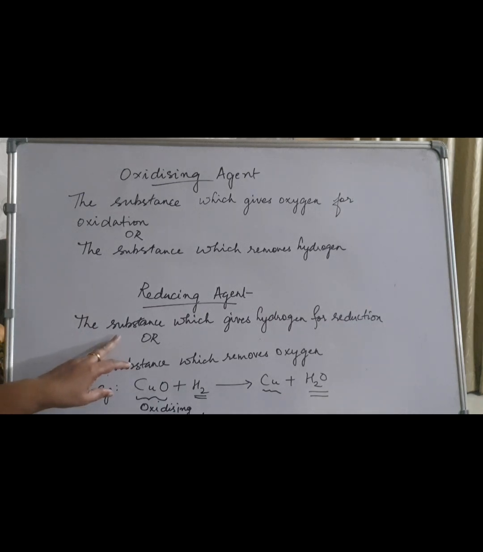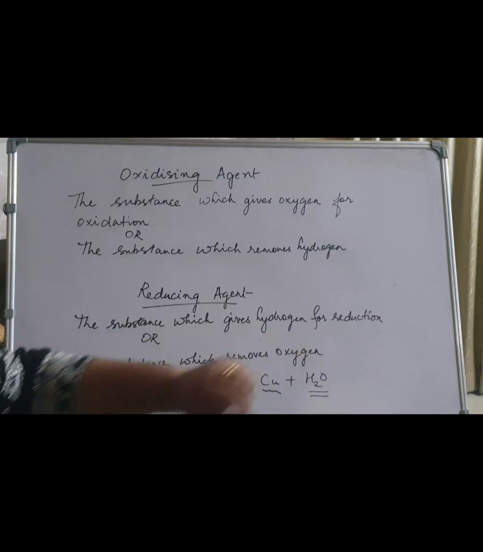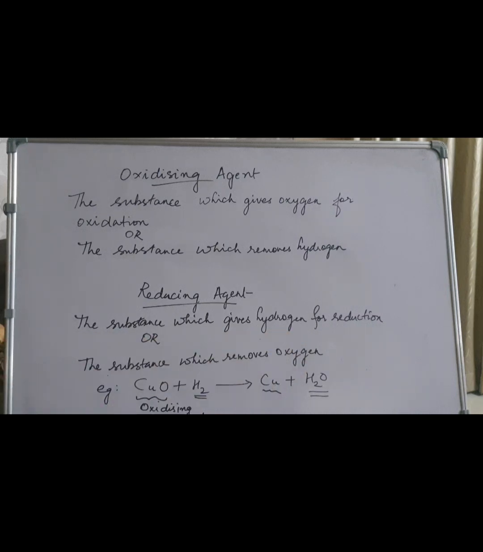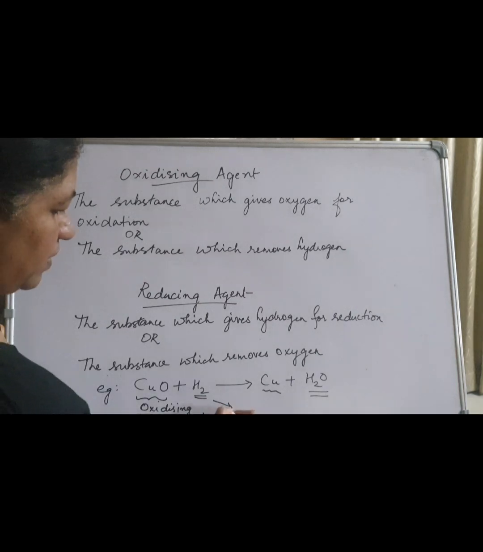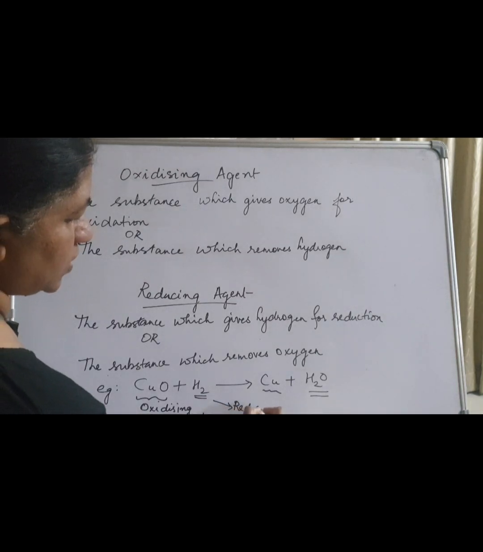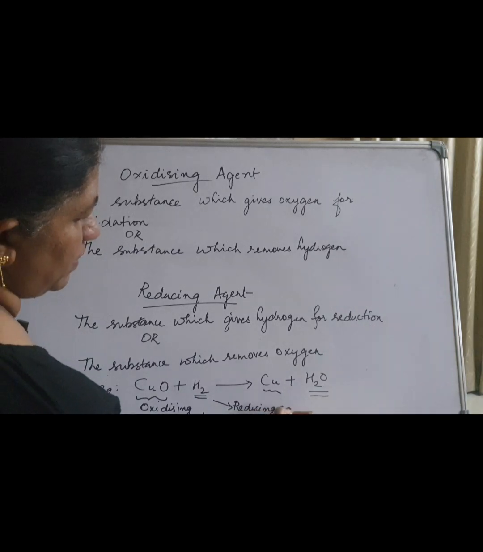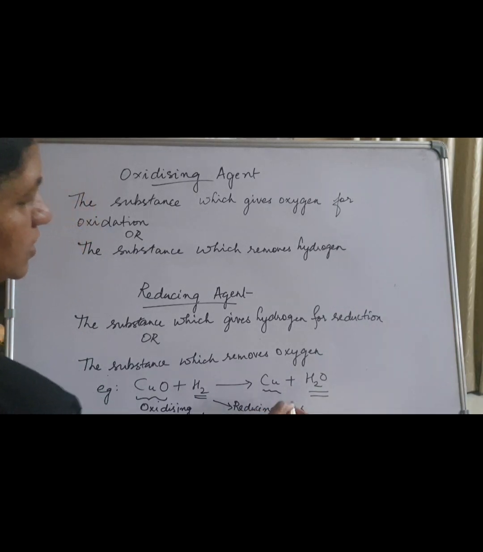So I repeat the statement: substances which give hydrogen for reduction. So here hydrogen forms water, or else hydrogen is given so that there occurs the combination of hydrogen and oxygen, so this hydrogen will be what? The reducing agent. It will be the reducing agent.